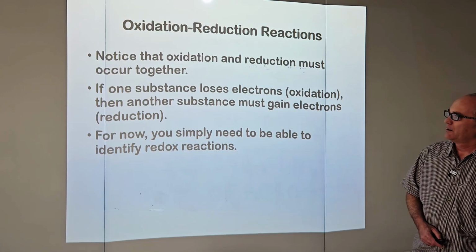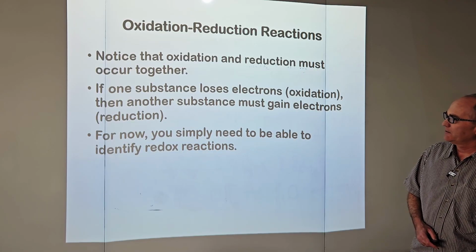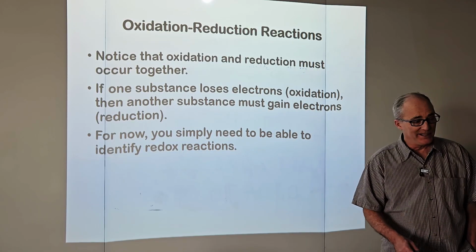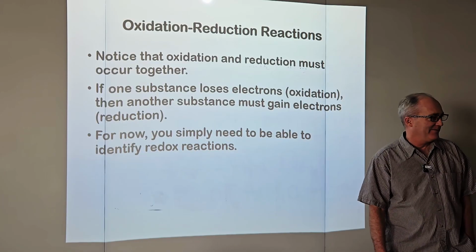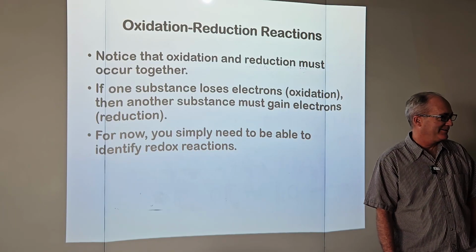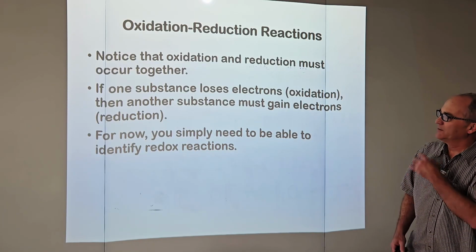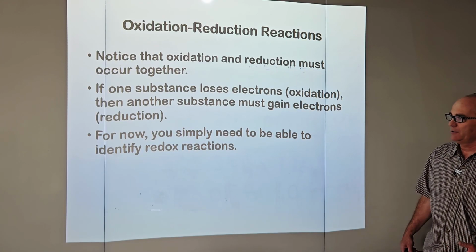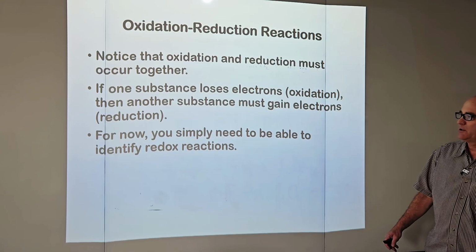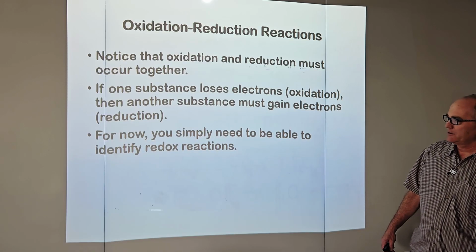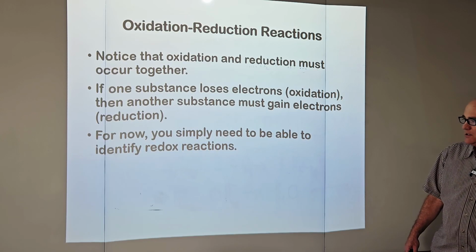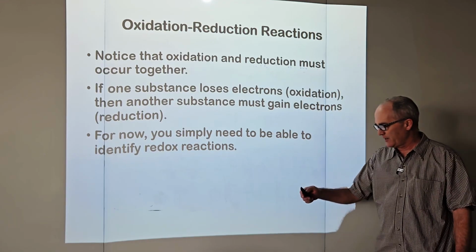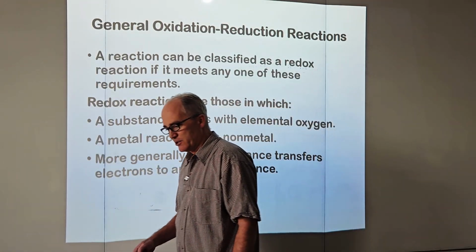Different key. All right, these things have to be tied together. I always say it's like a cell. Can you have a cell without a buyer and a seller? You gotta have both. If something loses electrons, like the magnesium metal, then another substance like the O2 must gain electrons. But for now, you need to just simply identify redox reactions.